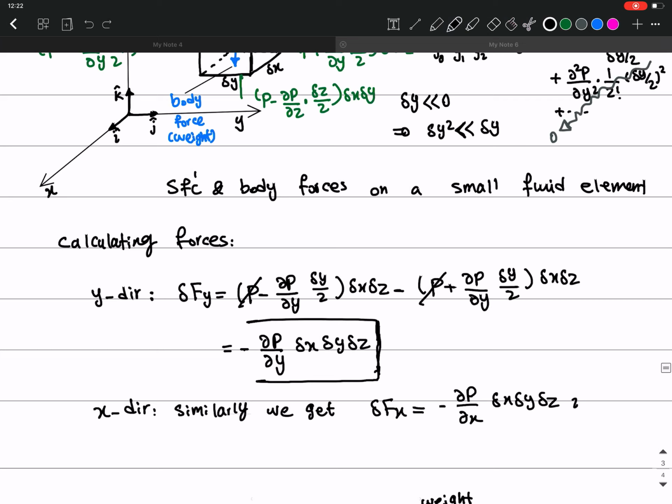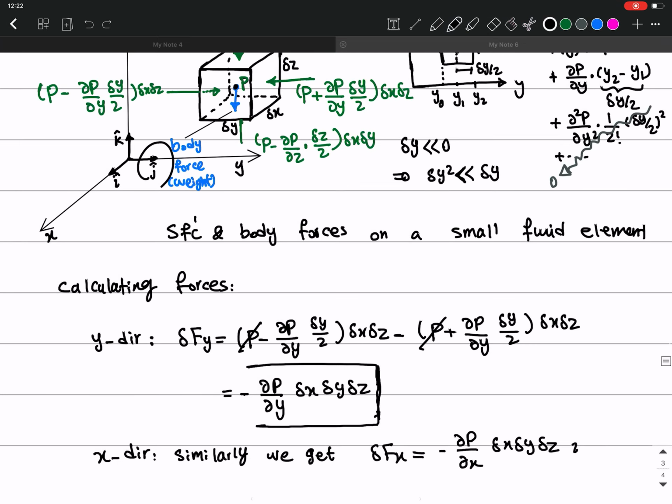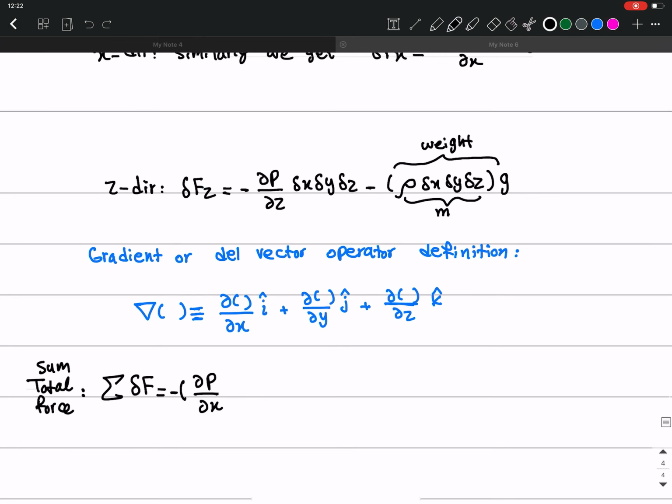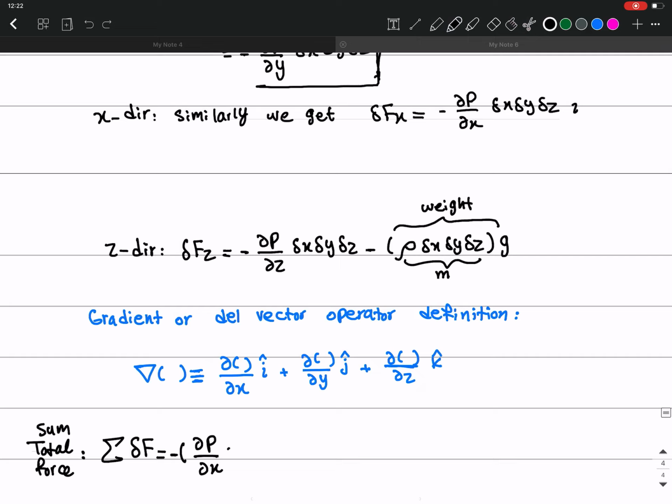The same thing for y. If it is in the y direction, I need to add this j unit vector. So it's going to be partial p partial x in the i direction plus partial p partial y in the j direction.